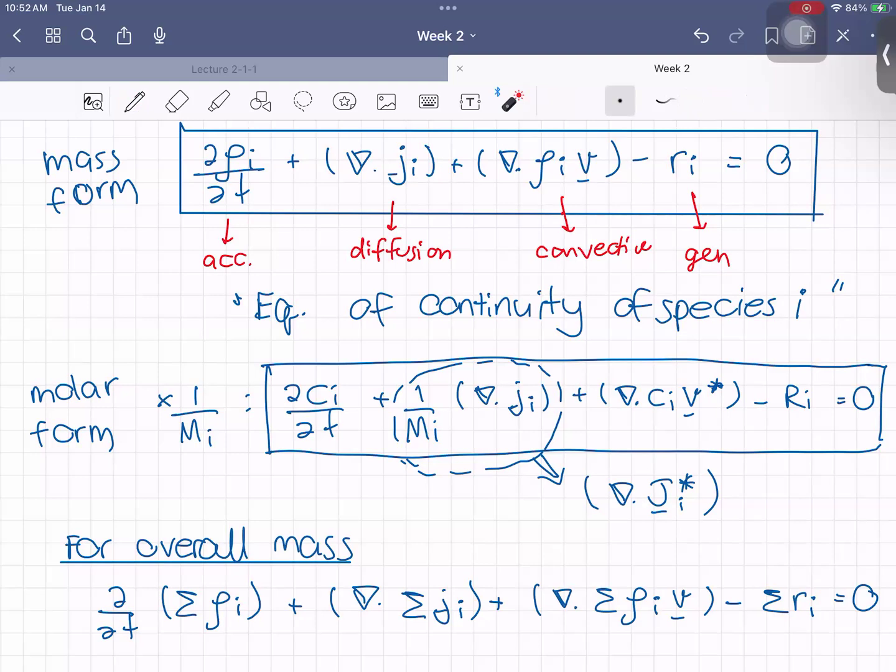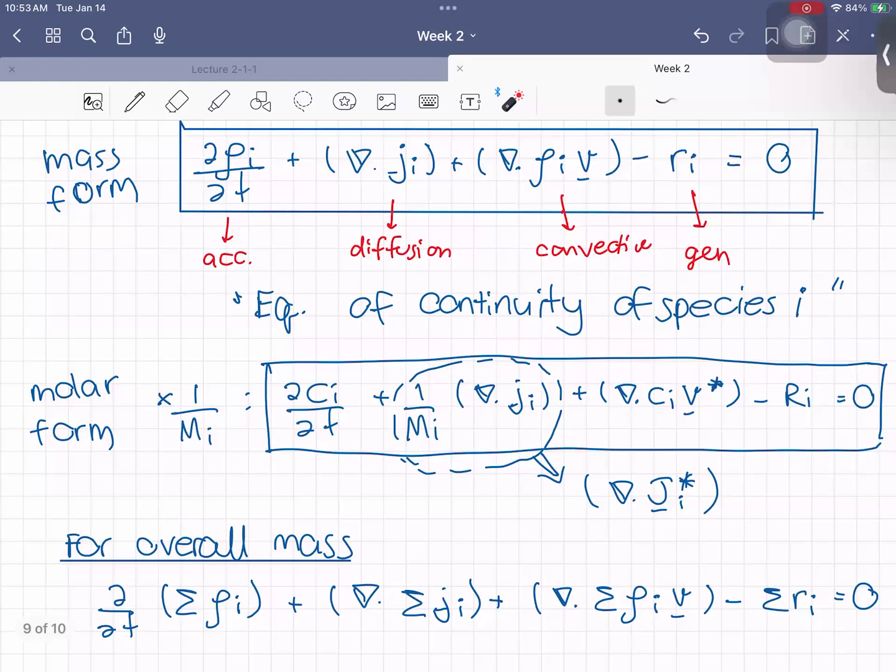Oh, this is multiply. Multiply with 1 over molecular weight. So you just divide all this term by the molecular weight. This is multiply. All right, can I move on now?